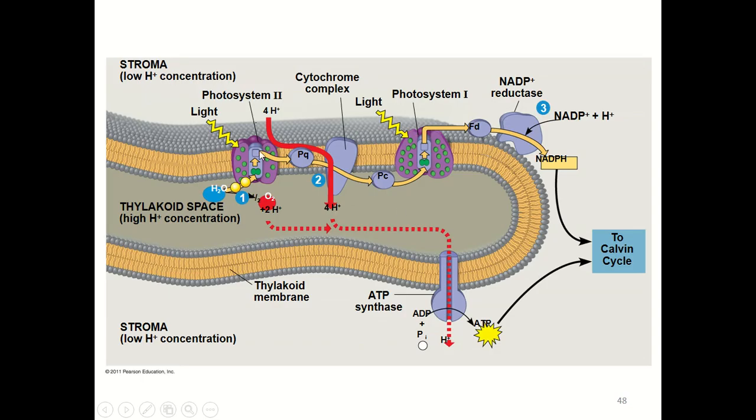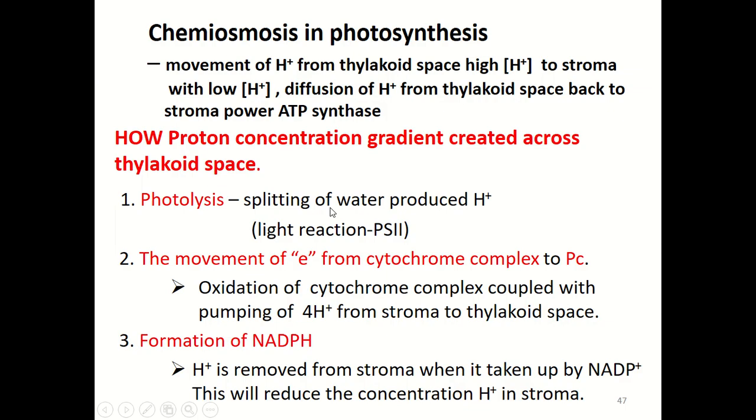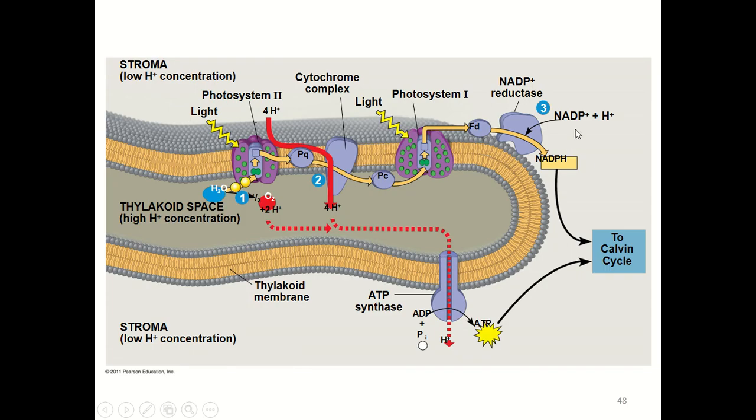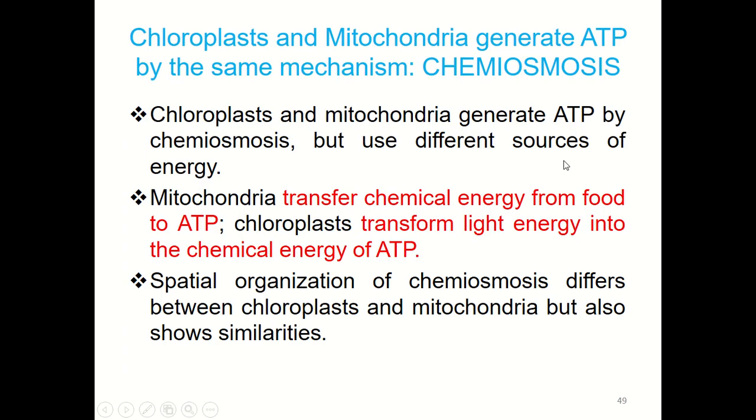The movement of the electrons here also causes hydrogen ions to diffuse into the thylakoid space. And last but not least, the formation of NADPH will also use H plus, as you can see here. NADP plus and H plus, they use the hydrogen ion to produce NADPH.